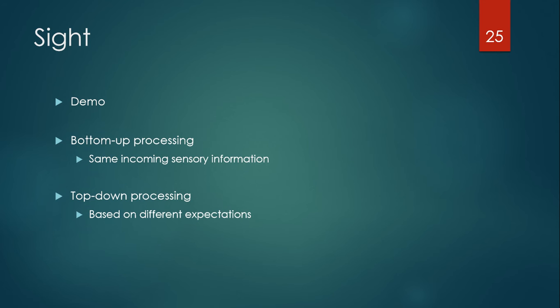Those words that you're exposed to will prime you. They will make you expect to see something based on the semantic content of those words. So if you're exposed to donkey-related words and then an ambiguous image, you'll likely see a donkey. If you're exposed to seal-related words, you're likely to see a seal. That is the influence of top-down processing. We have perceptions based on expectations. We see what we expect to see.